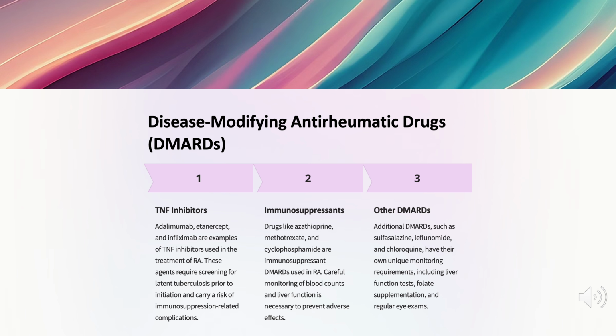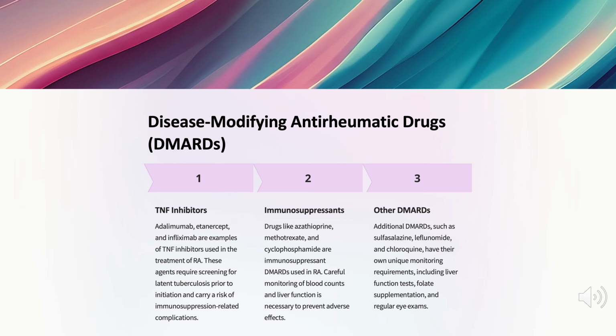However, it's important to note that these agents require screening for latent tuberculosis prior to initiation due to their immunosuppressive nature. Additionally, patients may be at risk of immunosuppression-related complications, emphasizing the need for careful monitoring throughout treatment.